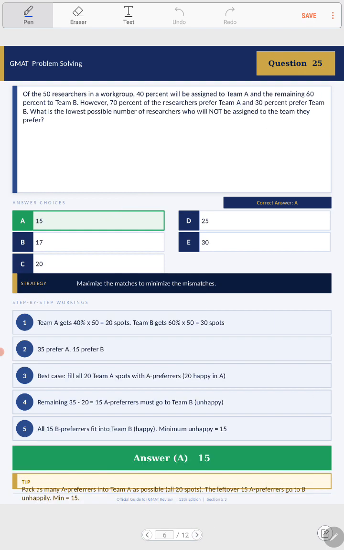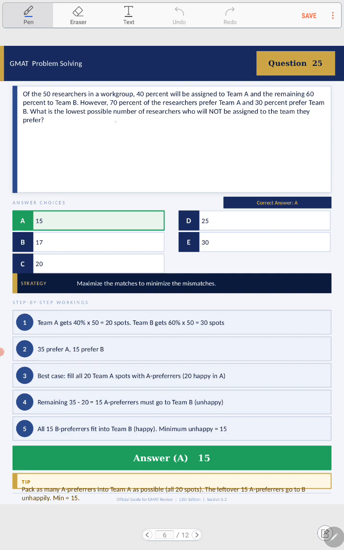Next one. Of the 50 researchers in the work group, 40% will be assigned to team A and the remaining 60% to team B. However, 70% of the researchers prefer team A and 30% prefer team B. What is the lowest possible number of researchers who will not be assigned to the team they preferred?